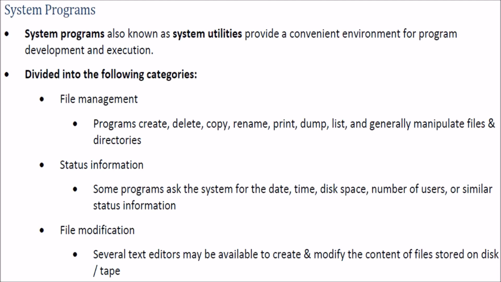Then we have system programs. They are also known as system utilities. They provide a convenient environment for program development and execution. They are divided into different categories. File management is used to create, delete, copy, rename, print, dump, list and generally manipulate files and directories. Status information covers the date, time, disk space, number of users and similar information.